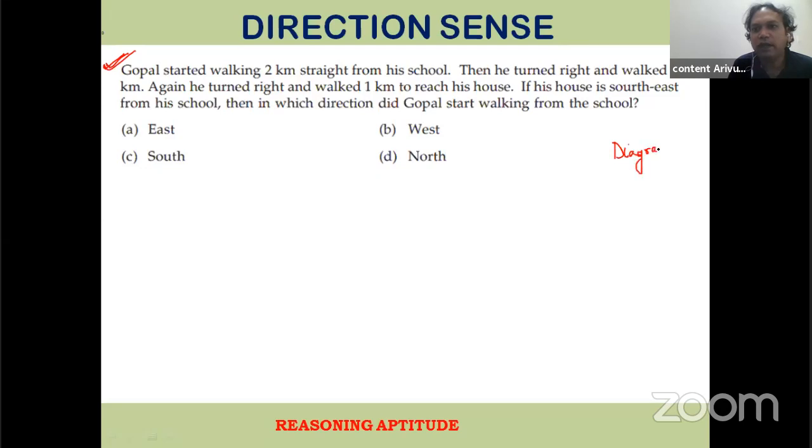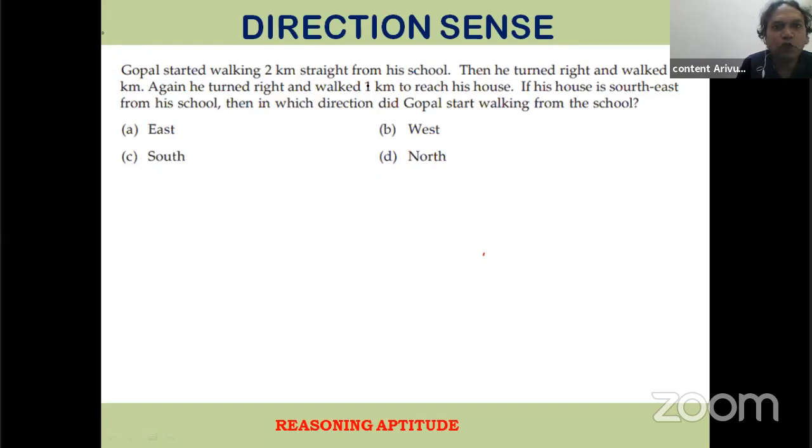Make a diagram and then using the diagram, solve the question. Okay, now look at the answer here.